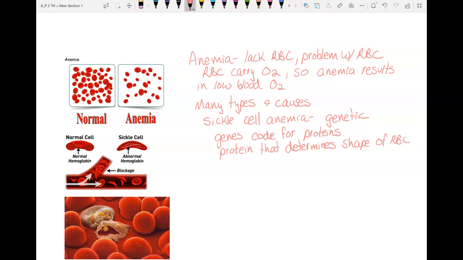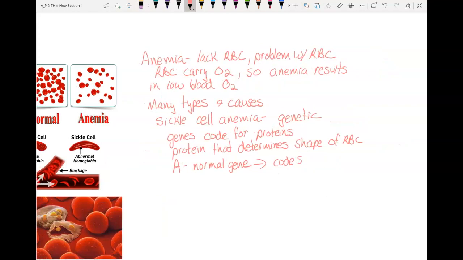So there are two versions of this gene. A is the normal gene. And if you have this gene, it will code for a protein that makes your blood cell the biconcave disc.